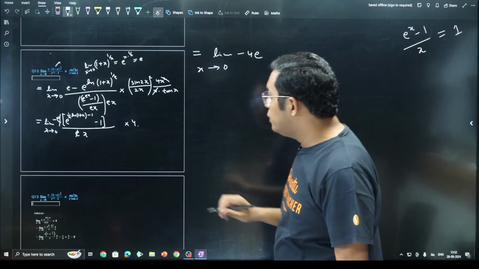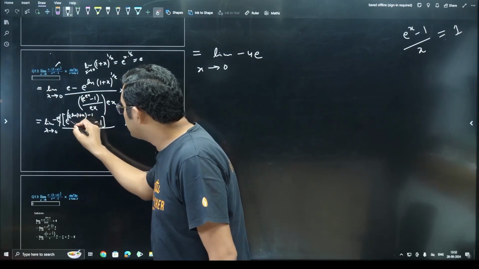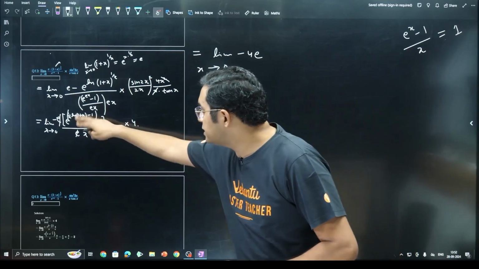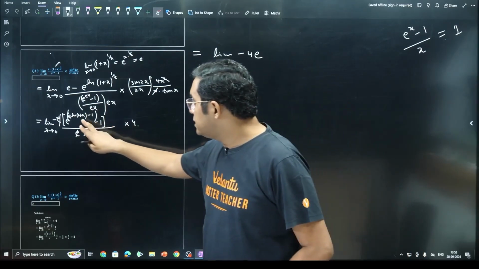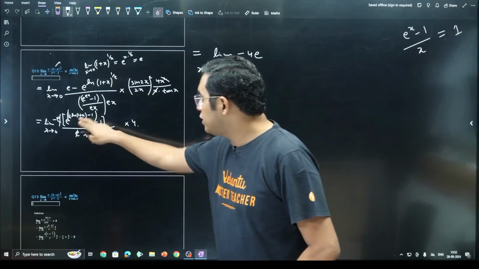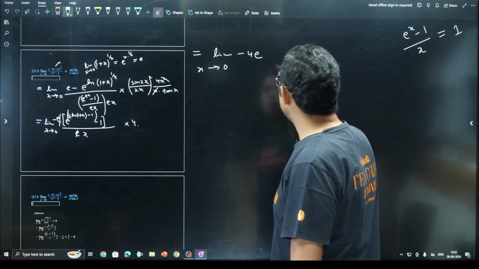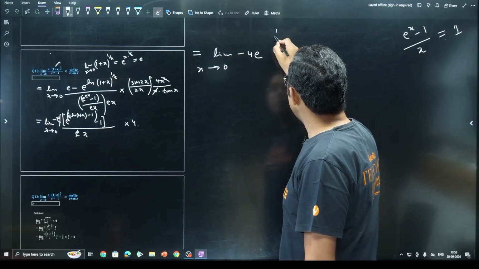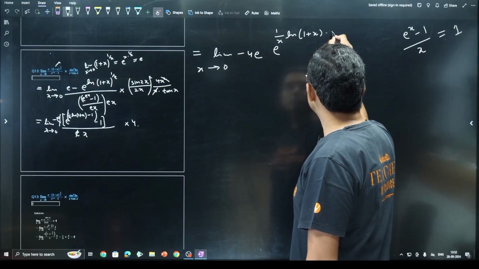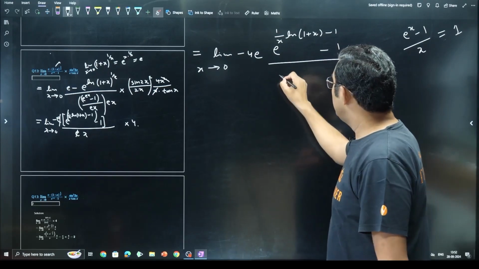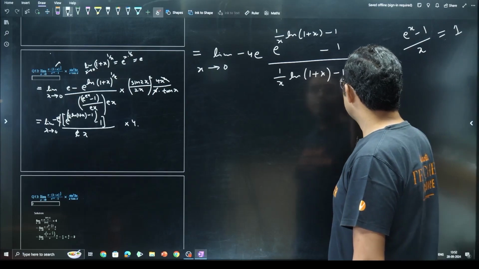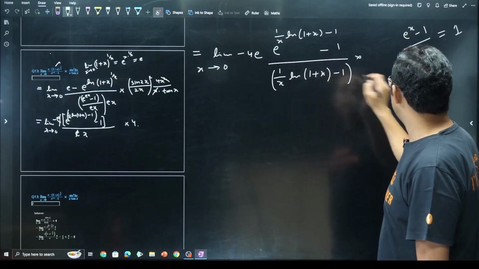Please understand this expression here, 1 upon x ln(1 plus x) minus 1 is actually tending to 0. You can check, as that's a standard limit, ln(1 plus x) upon x tends to 1, so 1 minus 1 will tend to 0. So what I will do, I'll again divide e power 1 by x ln(1 plus x) minus 1, minus 1 by 1 by x ln(1 plus x) minus 1, and then multiply the same thing here also.